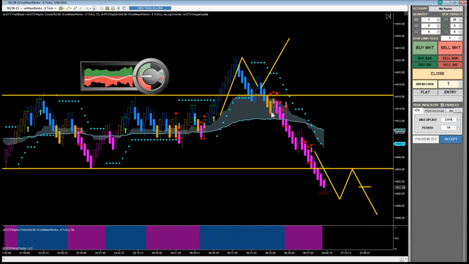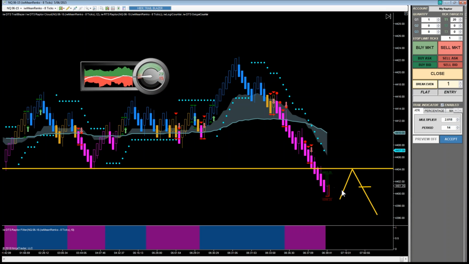It never bounced. That was telling you actually that it was safe to sell even these early signals if you wanted to be a little bit more aggressive on the market. But that's what I'm on the lookout for now, is the retest and a chance to get back in.